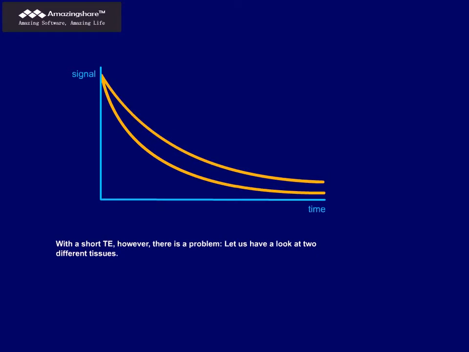Let's have a look at two different tissues. Tissue B, water or CSF, has a longer T2 than tissue A, brain. Both T2 curves in this example start at the same point.